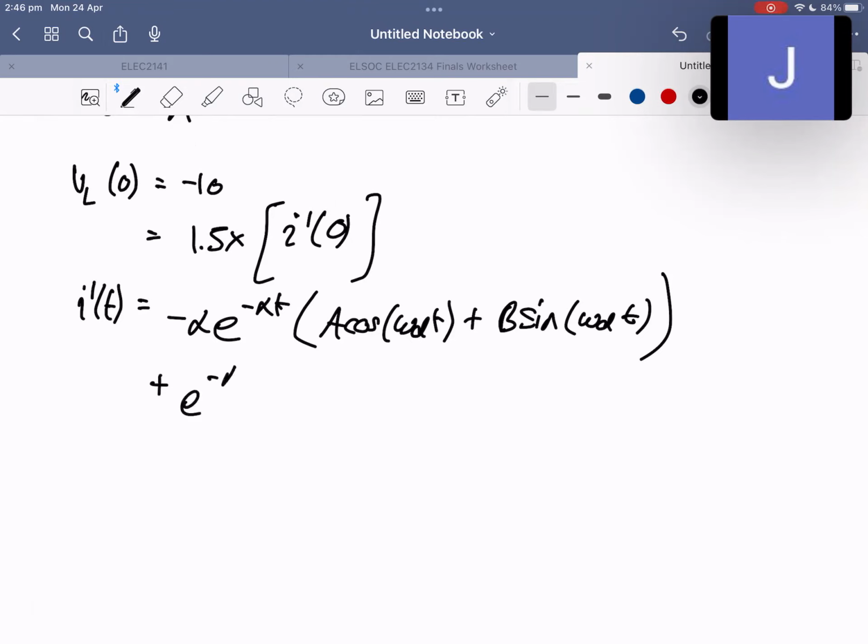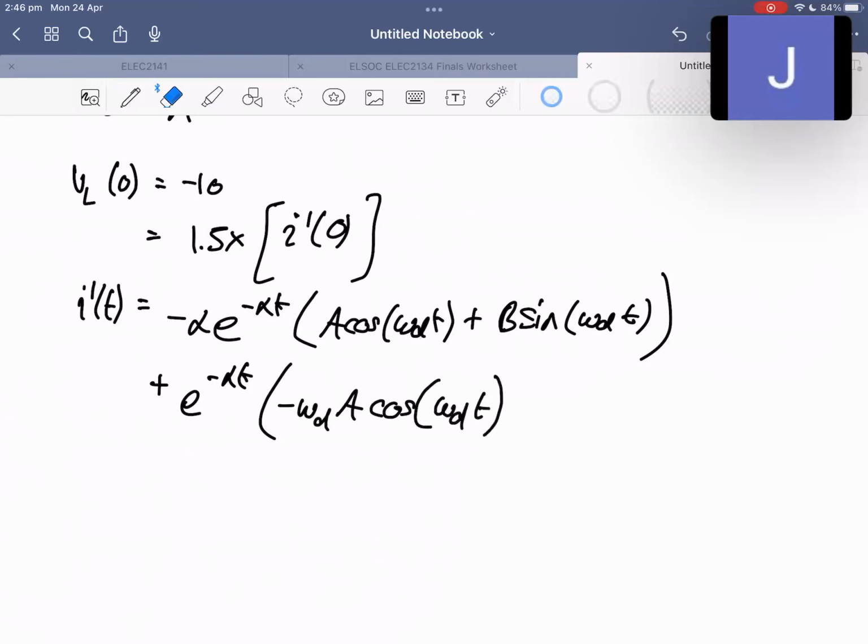Plus, if I differentiate the inside, which is just differentiating two sinusoids, I have minus omega d A cos omega d t, sorry, not cos, sine, and plus B omega d times cos. Cool.